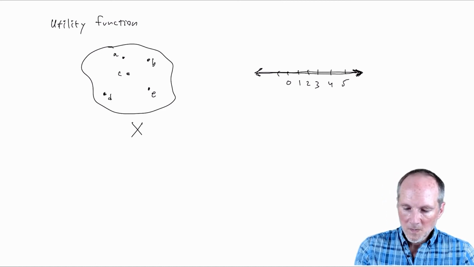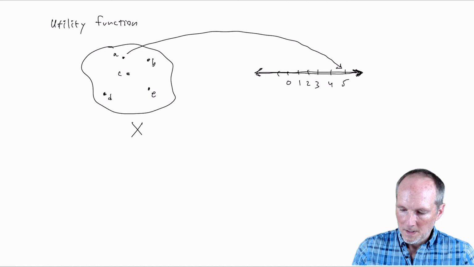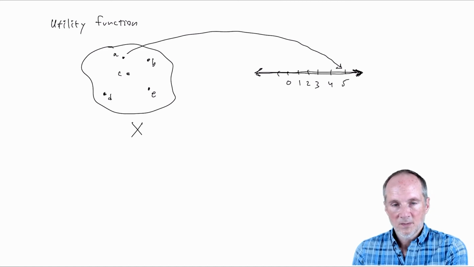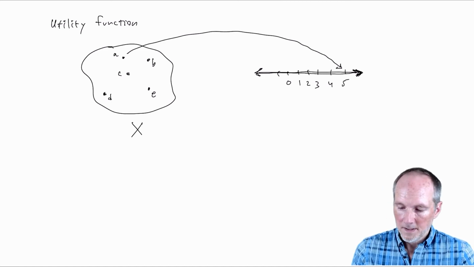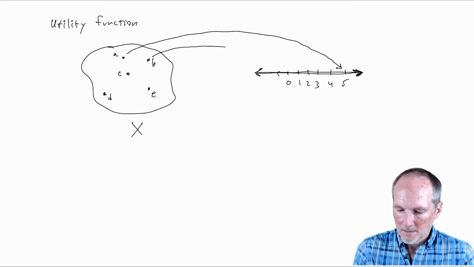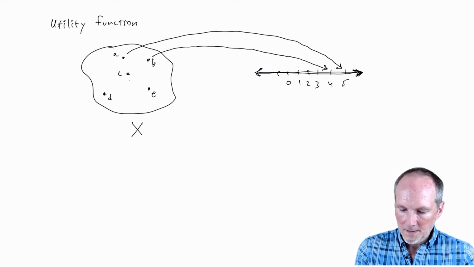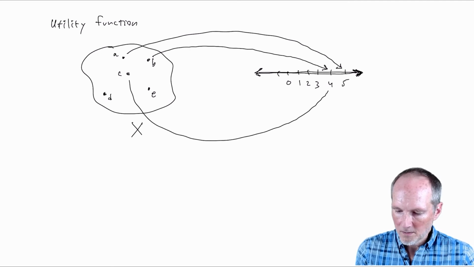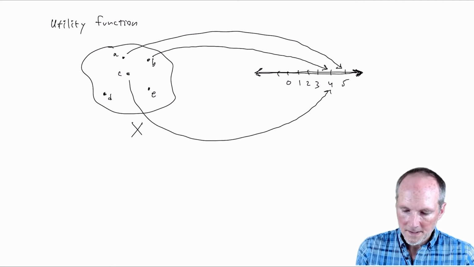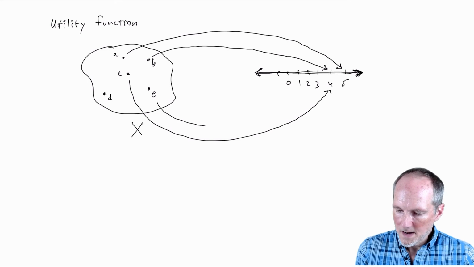So, for example, we might assign A the number 5, B gets the number 4, C also gets the number 4, and E gets 1, and D also gets 1.